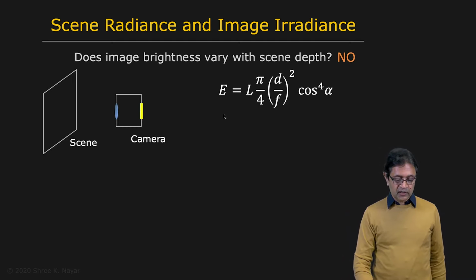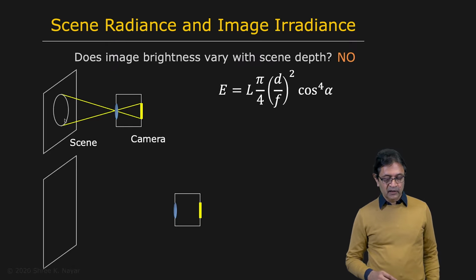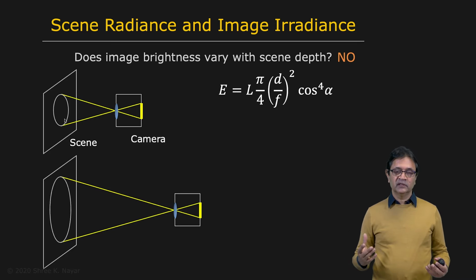So let's say that this is our setup right here. You have a scene and you have your camera, and let's say your camera has a single pixel. So we've exaggerated that pixel, made it really big, and let's assume that the area on the scene that is projected onto this pixel is this area right here. Now, if you pull this camera back, that area is of course going to increase.